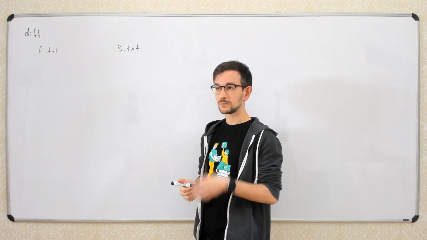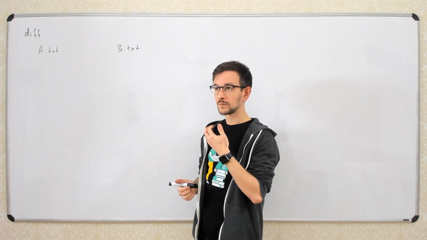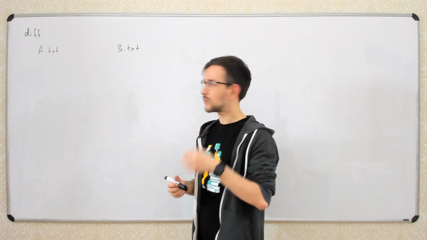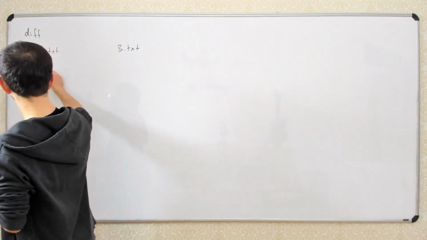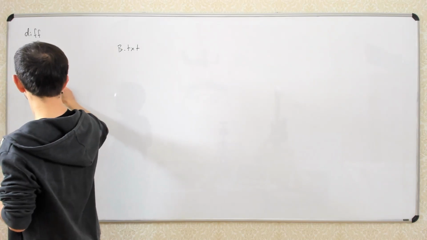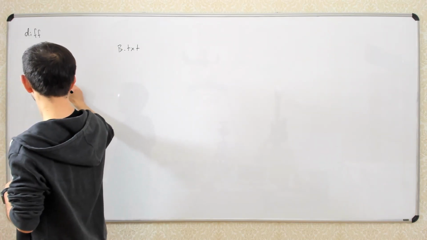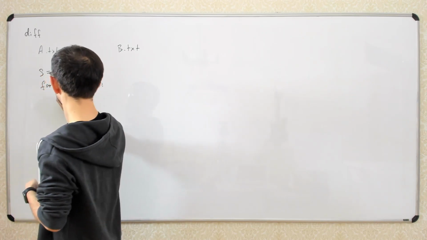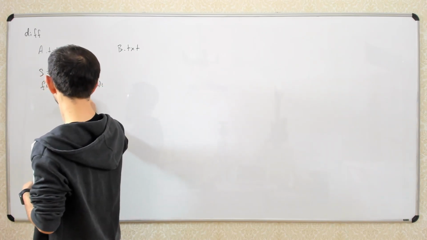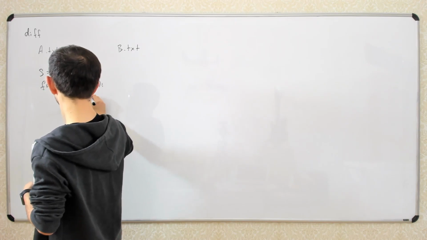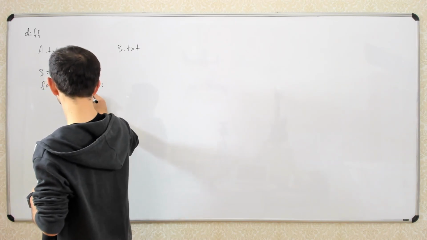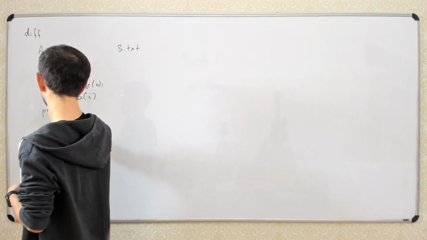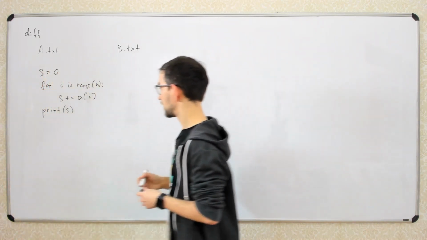Let's say you have a program which calculates the sum of elements of the array. So the sum equal to 0, then for i in range, and you do something like s plus equal a of i. Something like that.